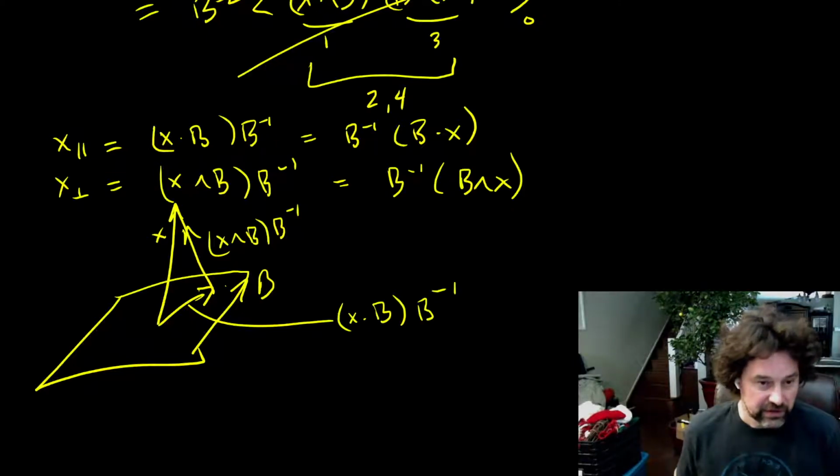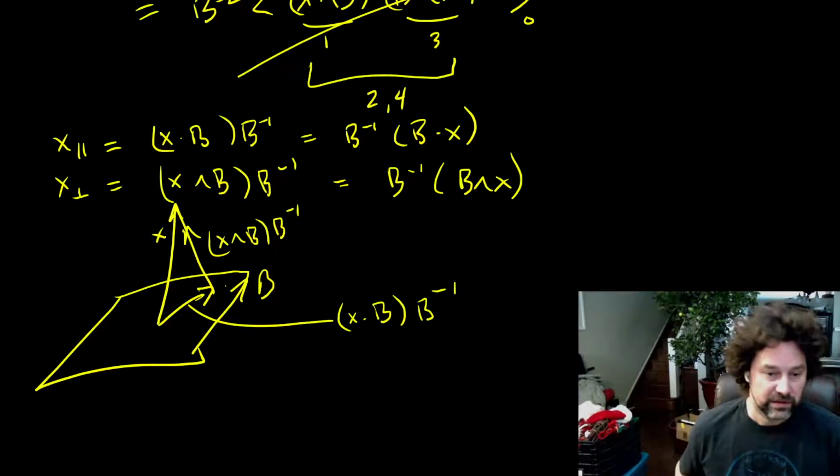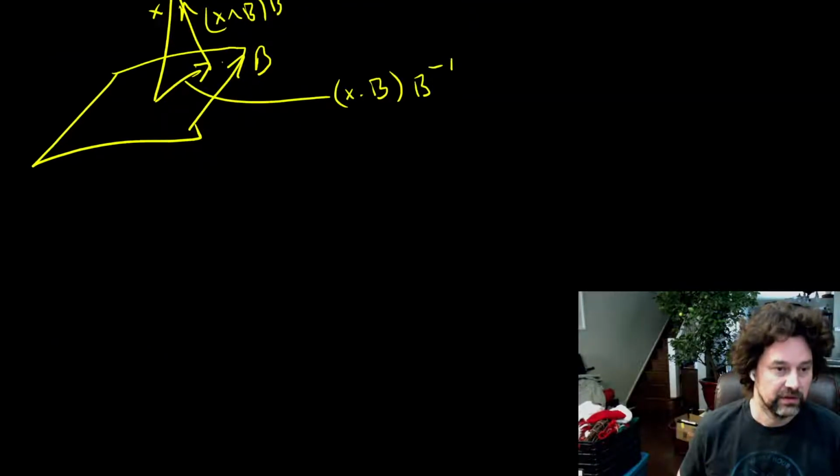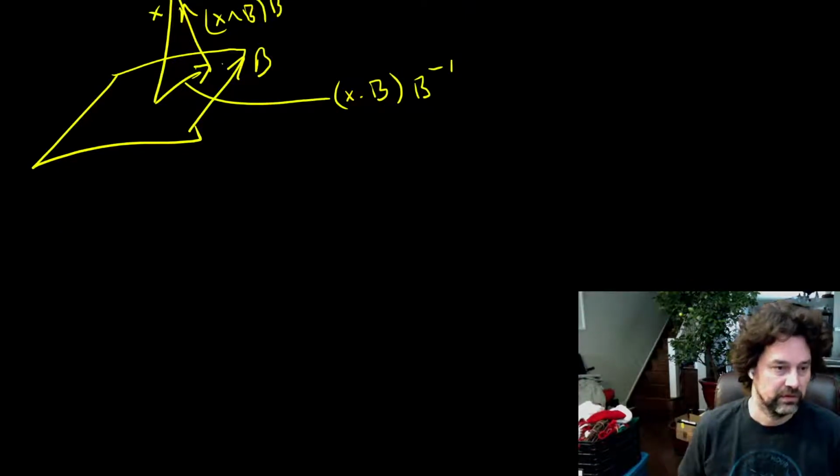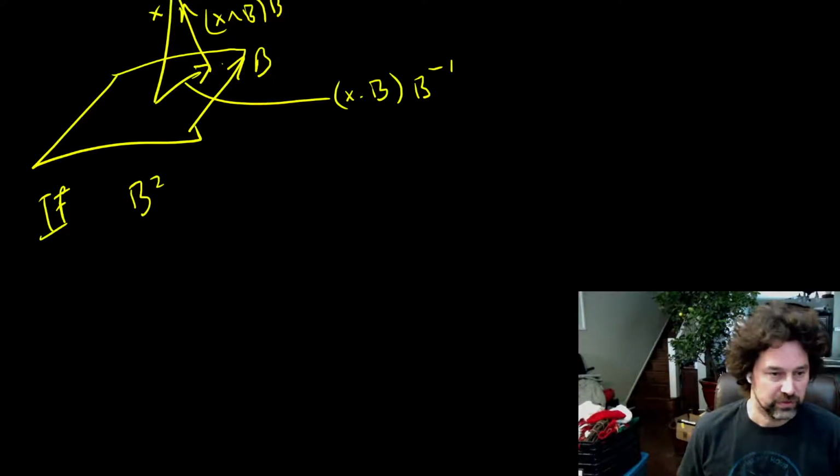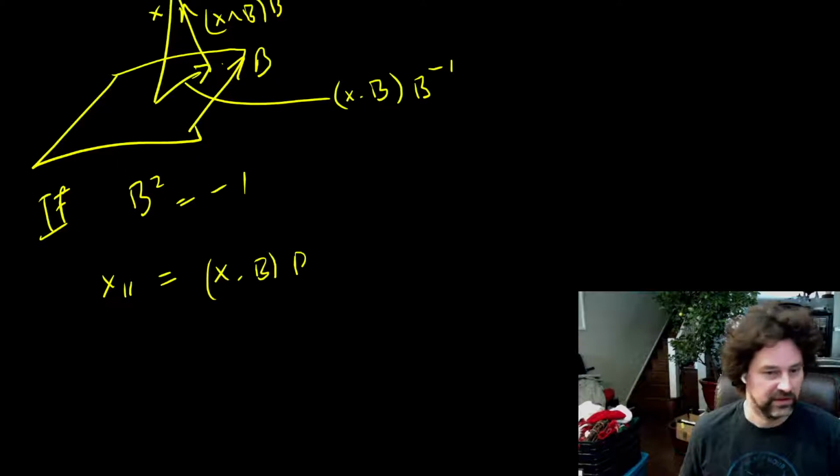And in particular, let's also say if b squared is minus 1, so b is a unit bivector, then we have the nice case of x parallel is x dot b, and x perpendicular is x wedge b.